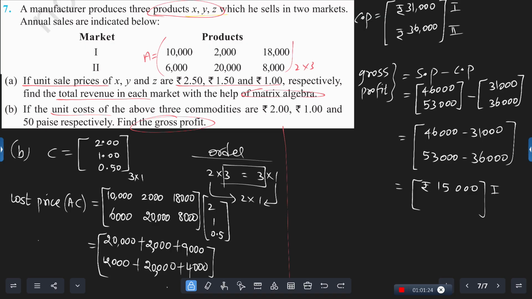Now when you borrow, 13 minus 6, what will you get? 7, so 17,000 rupees, profit for market number 2. You can check. Understand? That's it, Raja. So this is the required answer for the second question.